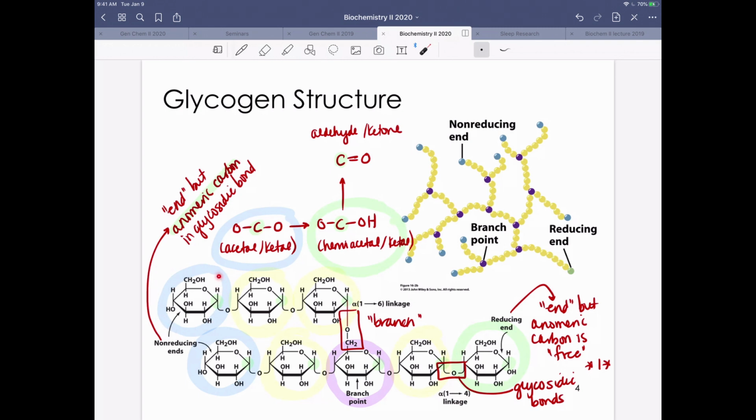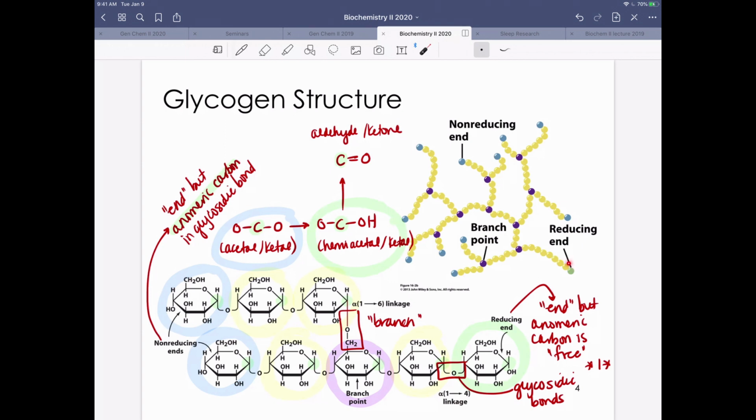Again, this is an end. It only is connected to one other glucose residue. But if we look at the anomeric carbon, remember the anomeric carbon is the carbon that's connected in a glycosidic bond. That anomeric carbon is, again, part of a glycosidic bond here. So this anomeric carbon is connected to a glycosidic bond, which makes this a non-reducing end.